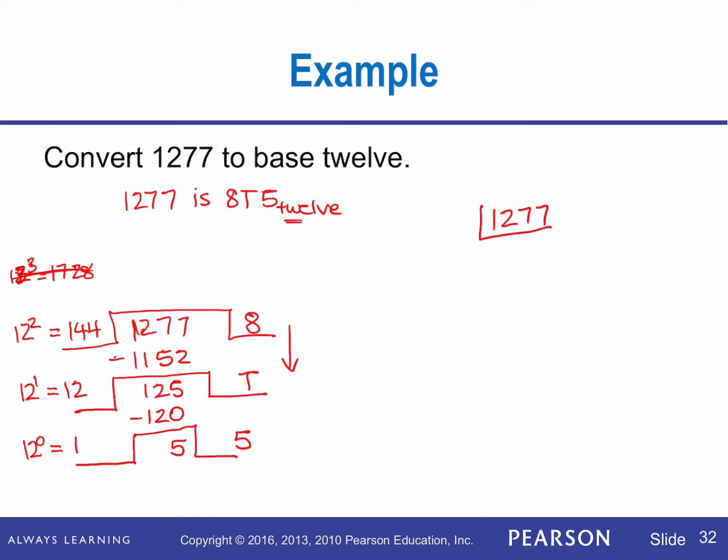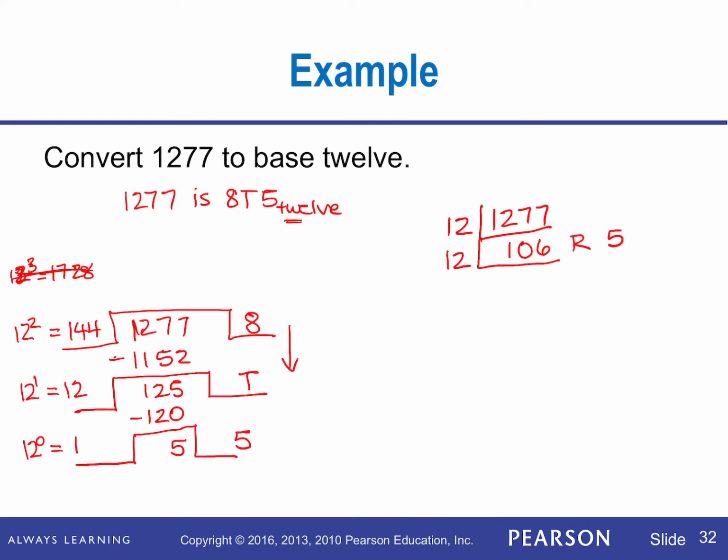So here I'm going to divide. So I want to divide 1277 by 12. I'm going to get 1, right? 12 goes into 12 once. It goes into 7 0 times, and it goes into 77 6 times. 12 times 6 is 72, so I get a remainder of 5. And now I'm going to divide again.